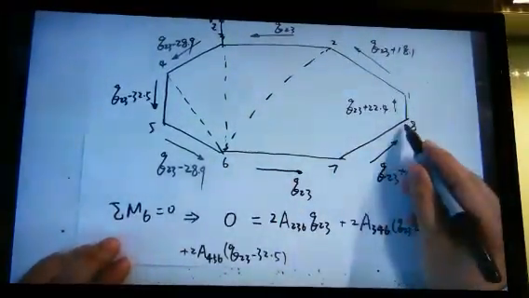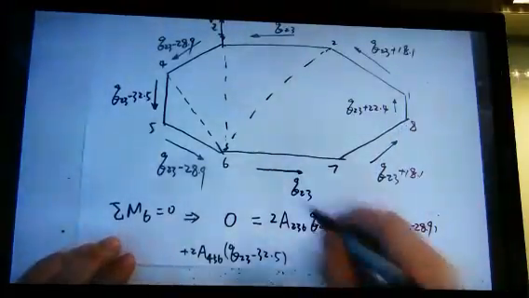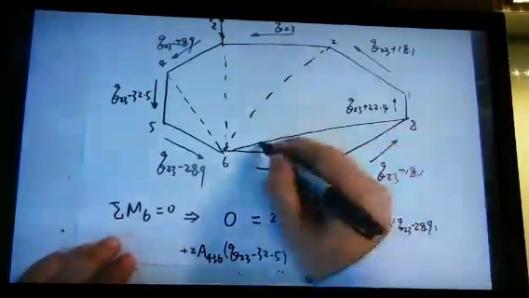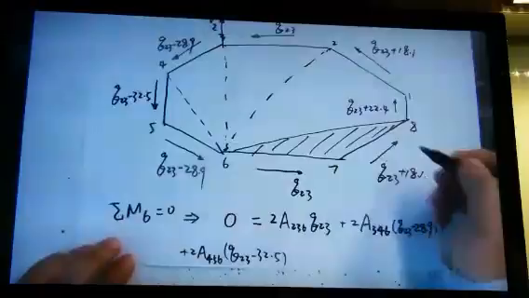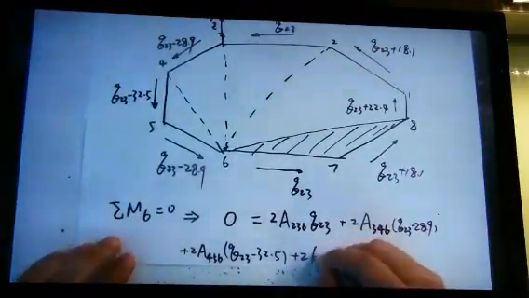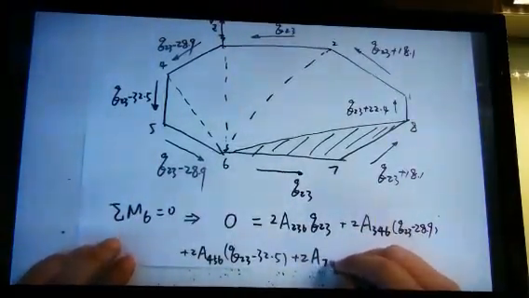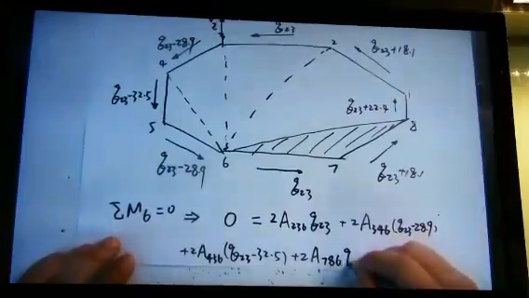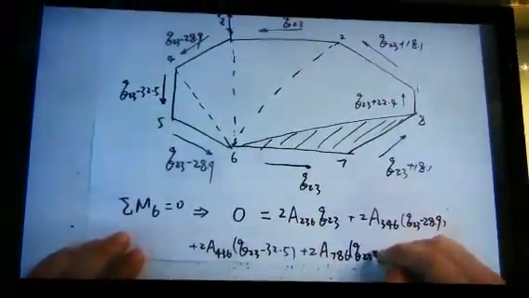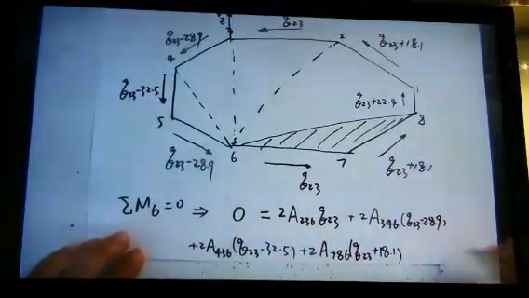For example, for this one, 7, 8 is the area of this one, plus 2A786 times Q23 plus 18.1.